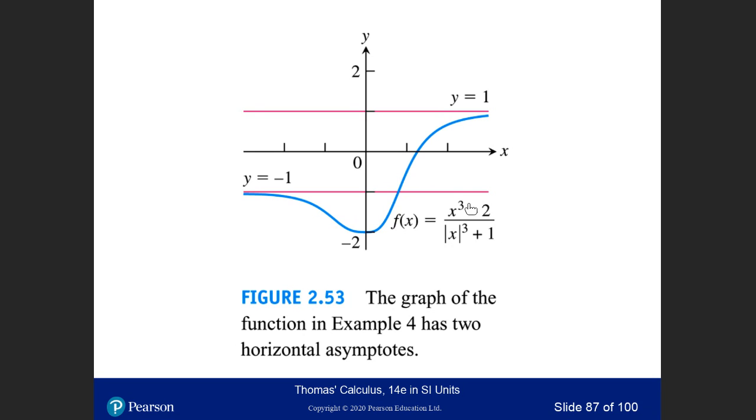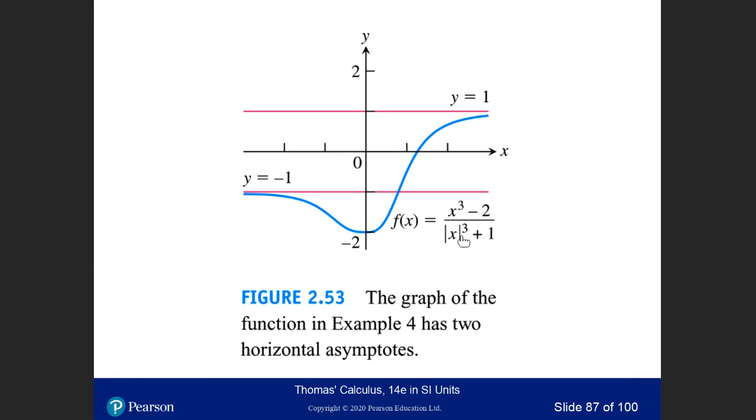Now what happens if I go to minus infinity? Again, I divide each numerator and denominator by the absolute value of x cubed. Now here x cubed is negative, but the absolute value of x cubed is a positive number.